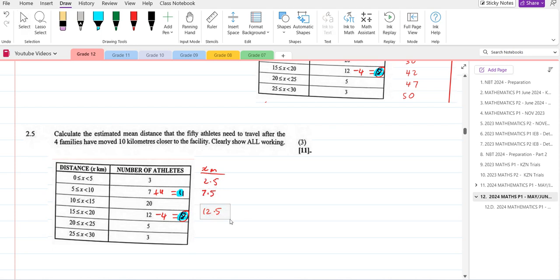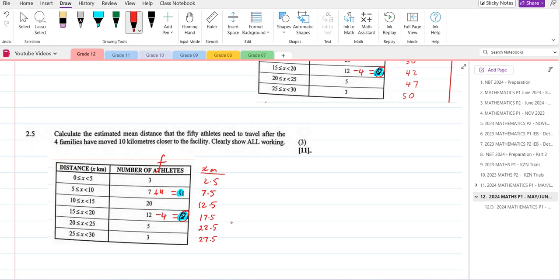Then it's 12.5, which is correlating with the 20 here. Right, so remember this is the frequencies and that's the midpoints. And then we got 15 and 20 divided by 2 is 17.5. You can find a pattern here. And then we got 22.5, right? And then between 25 and 30, which is 27.5, right?